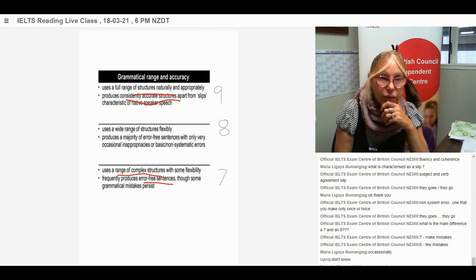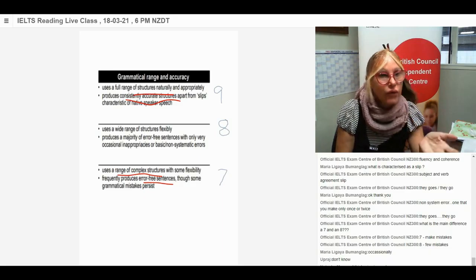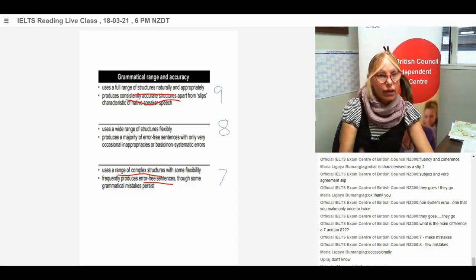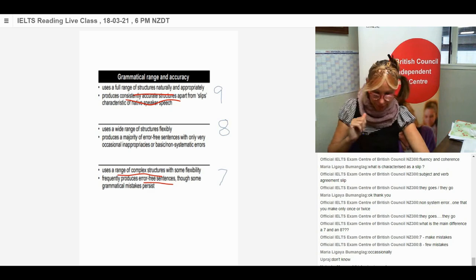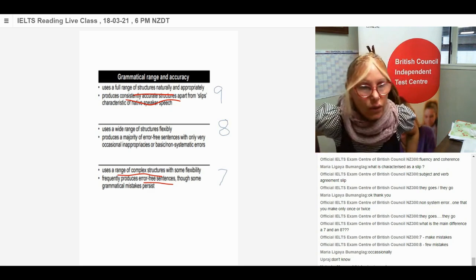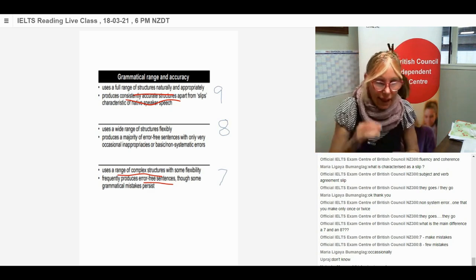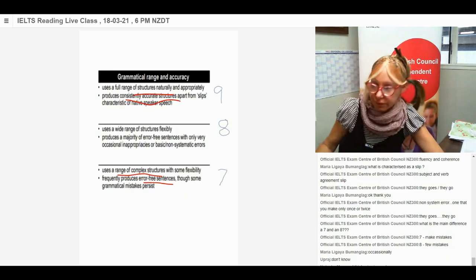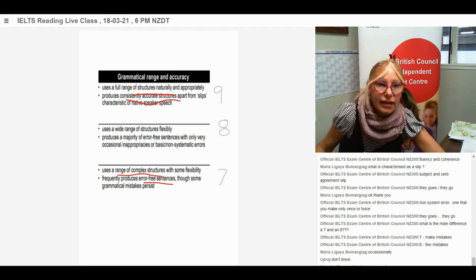So it would be worthwhile trying to find, I don't know if you're learning English at the moment or you have a private tutor, but it's a good way to find out what your grammar is like, whether or not you're a 7 or an 8, and what mistakes you're making and how you can improve them. Okay, so that's something that I think everybody should try and do in their own time, is to try and work out what their grammar level is.